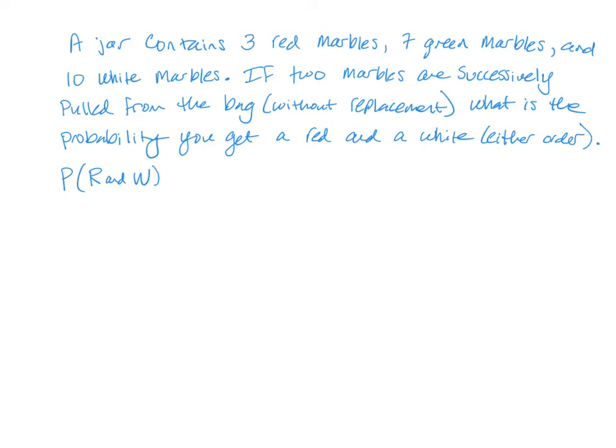I'm going to put that in parentheses, red and white, or white and red. So that's going to be probability red times probability white plus probability white times probability red.